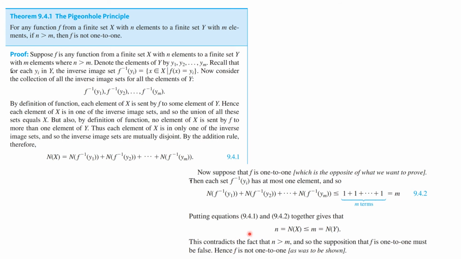Putting the equations together, n is the number of things in X, but that is less than or equal to m, which is the number in Y. This contradicts the fact that n is bigger than m. So the supposition that f is 1 to 1 must be false. Hence, f is not 1 to 1, as was to be shown.